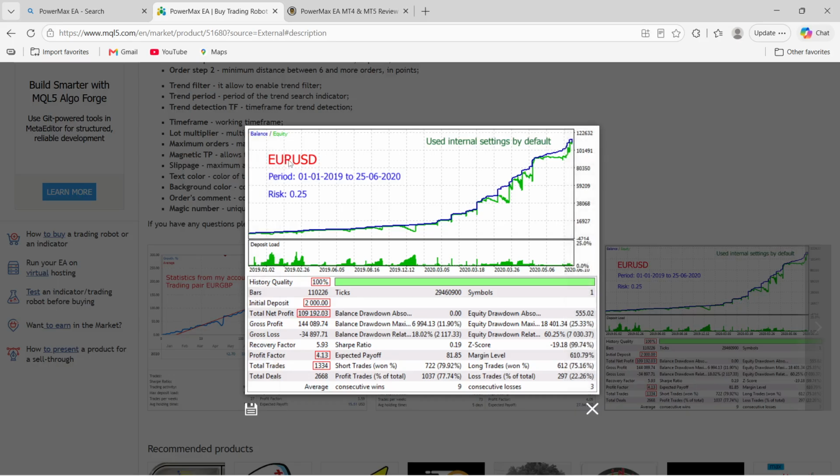And okay, for EUR/USD for the period 1st of January 2019 to 25th of June 2020, that's over a year. You see the initial deposit of 2000. The total net profits for that period was $109,192.